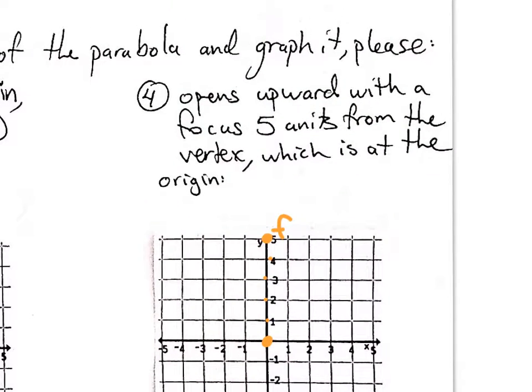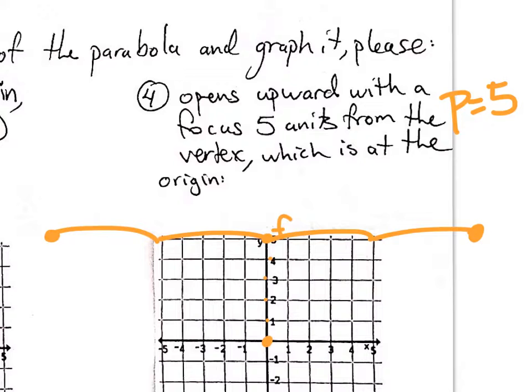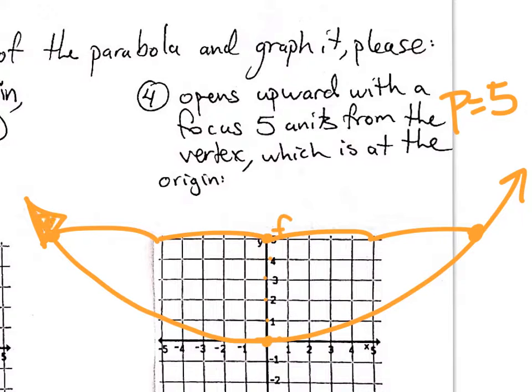That's okay. So we know that p is 5, and for our focal diameter, we'd go p, and then another p, and p, and then another p. So 10 units each way. And it would look like that. There's our parabola, and we know that it opens upward.